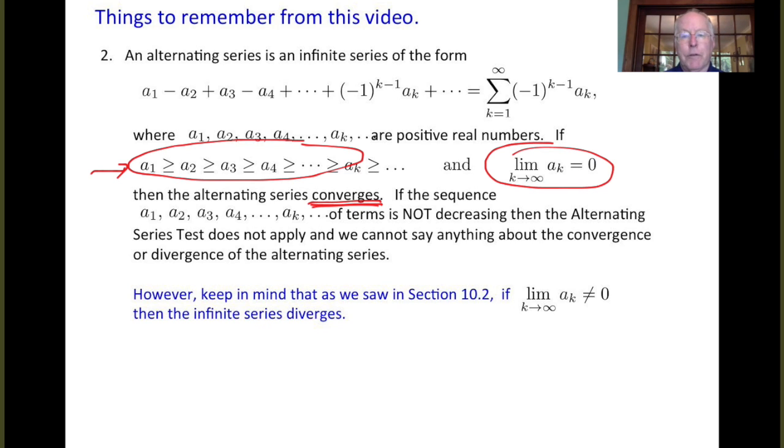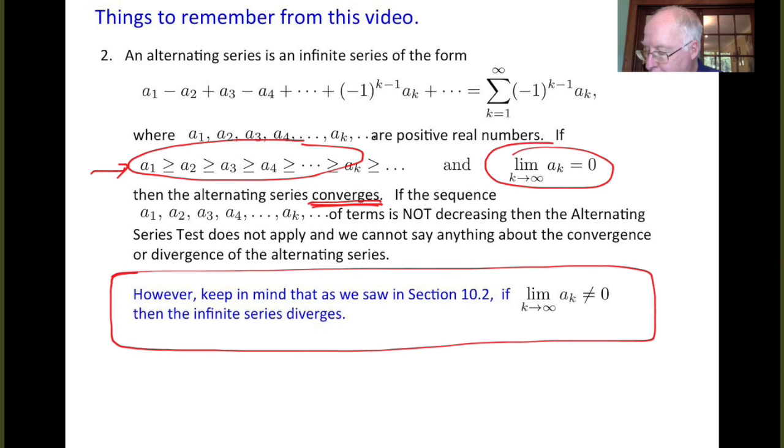Now again, be careful, don't misuse this test. If the sequence of terms a1, a2, a3, etc. is not decreasing, then the alternating series test does not apply, and we cannot say anything about the convergence or divergence of the alternating series. But again, keep in mind that we saw the nth term test earlier in our discussion of series.